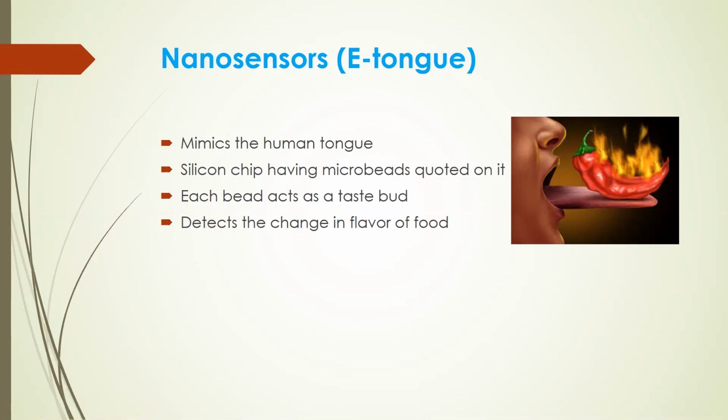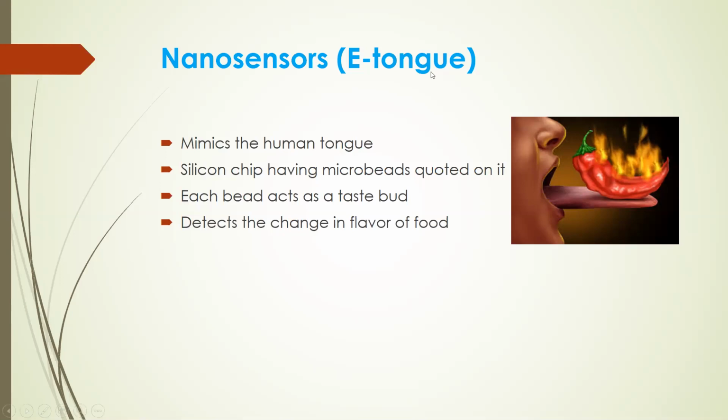So whenever we eat something, we can easily taste, we can easily detect whether the thing that we are going to eat is salty, is sweet, is sour, or is bitter. So we can easily detect the taste of what we are going to eat with the help of the tongue.